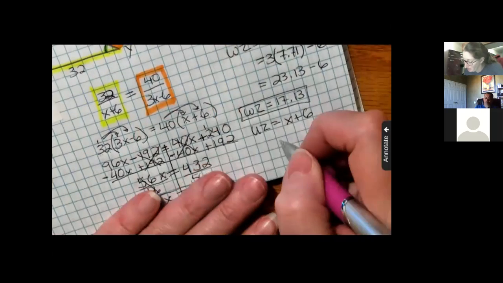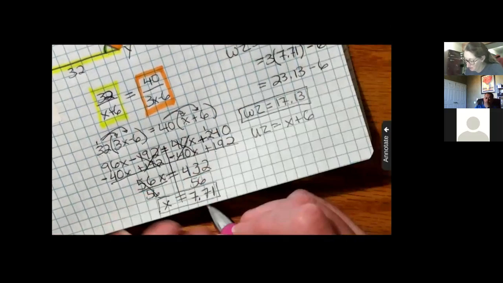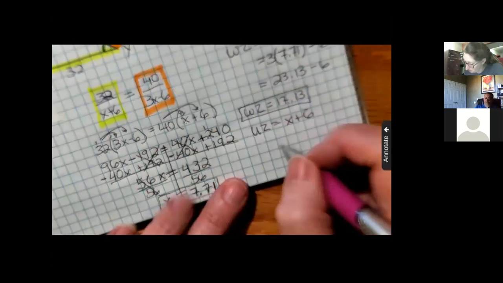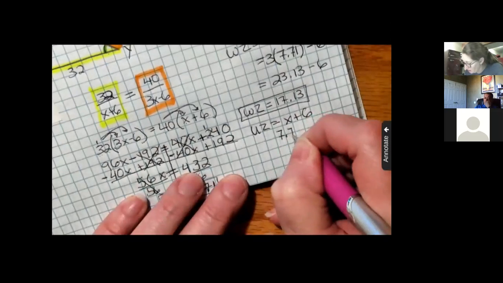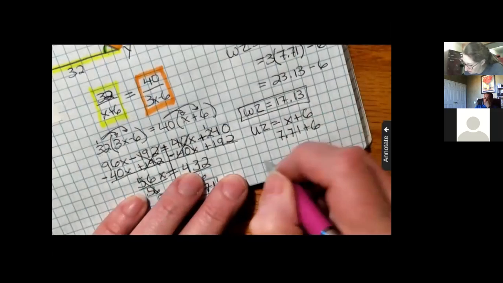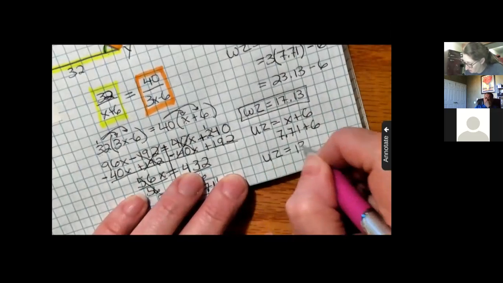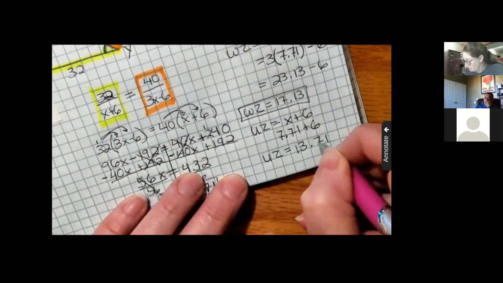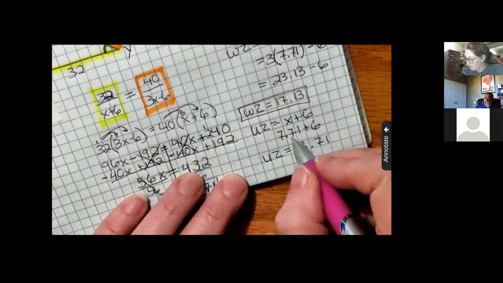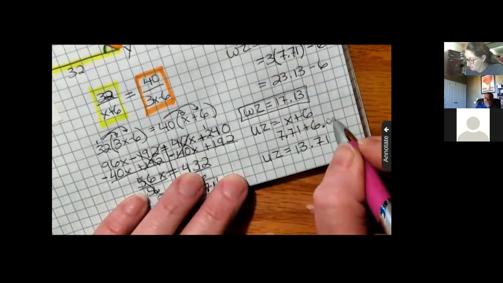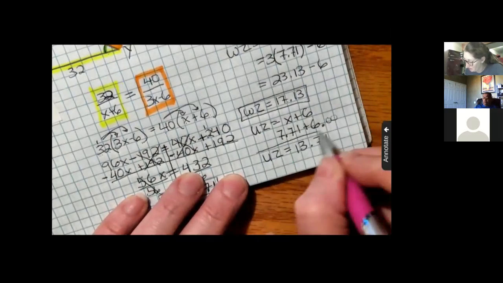See, when you turn it, you got to make sure you do it the right way. So x, we said, is 7.71. So we're going to fill that in. Plus 6. Okay. So UZ takes 6 plus 7, which is 13, and it's 0.71. Why is that? Because 6 would be 6.00, so you have to line it up correctly.